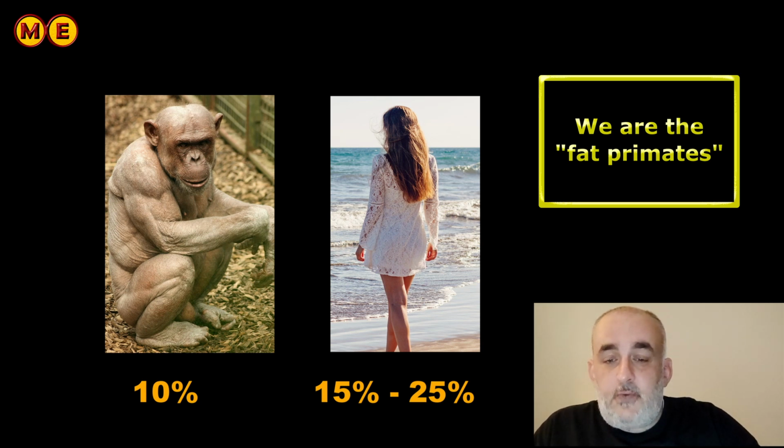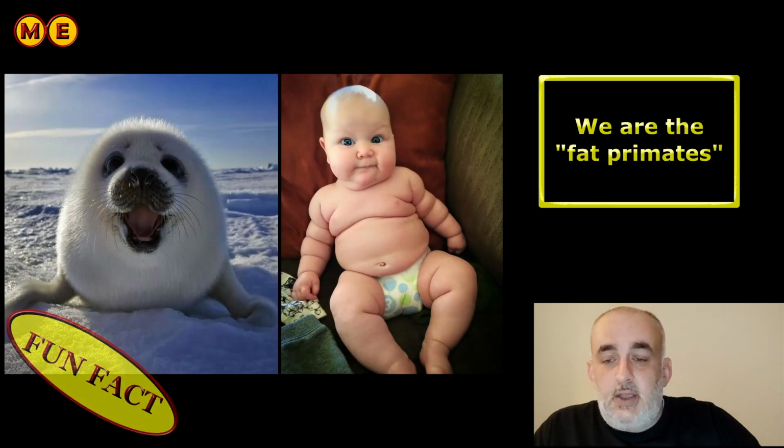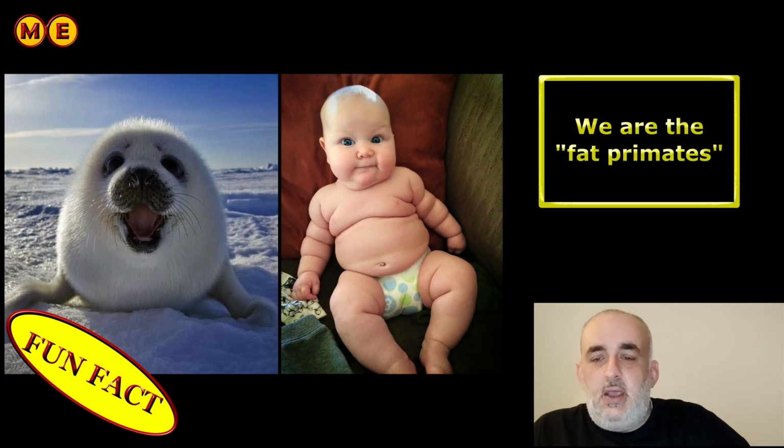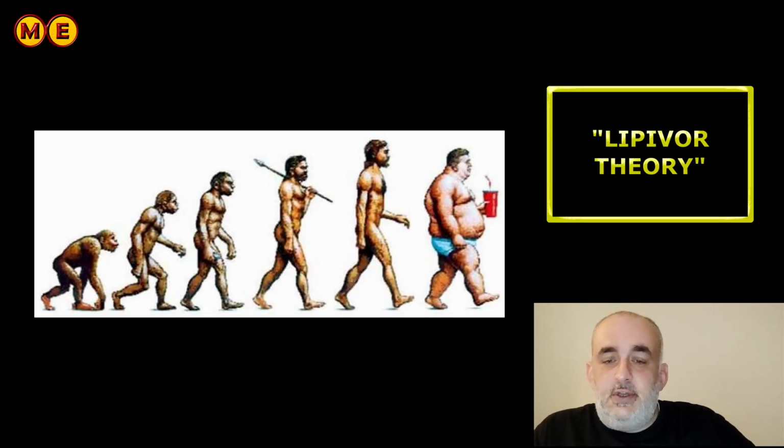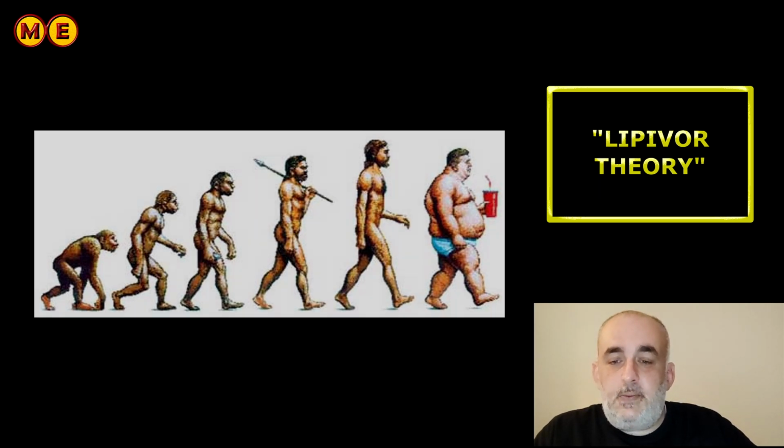Normal weight people have on average between 15 and 25% of body fat, and our newborn babies have more fat than baby seals. And most modern theories about how we evolved and managed to develop and maintain those huge, energy-expensive brains suggest that our ability to store more fat was one of the greatest evolutionary advantages we had.